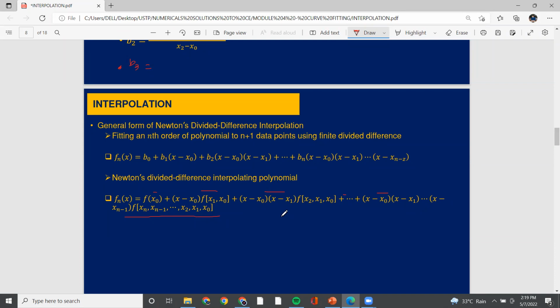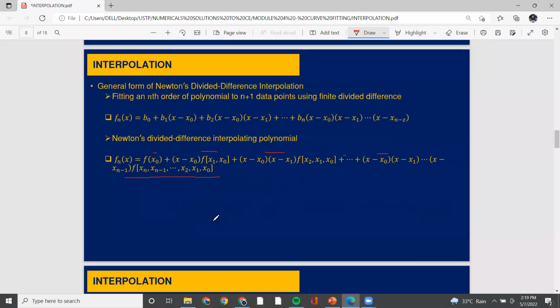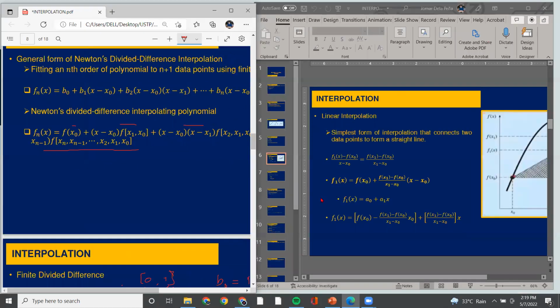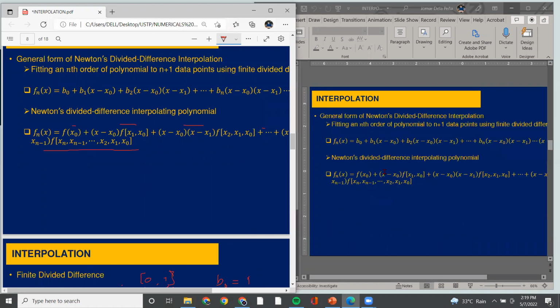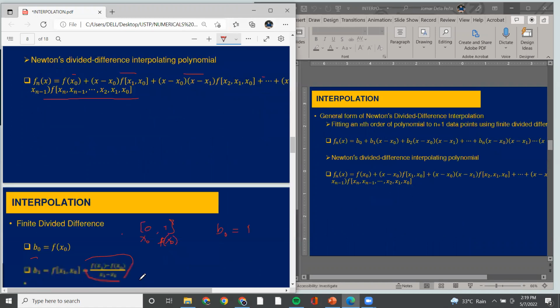Okay, so first, paano po nato ang equation? This one, general form.